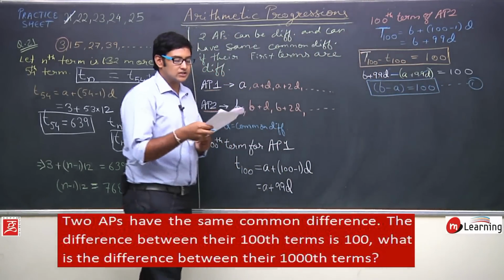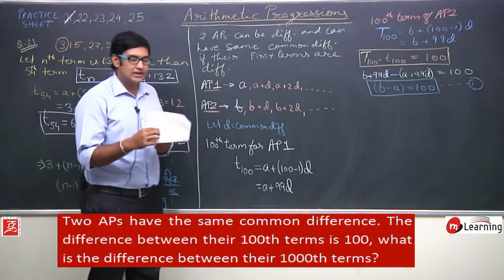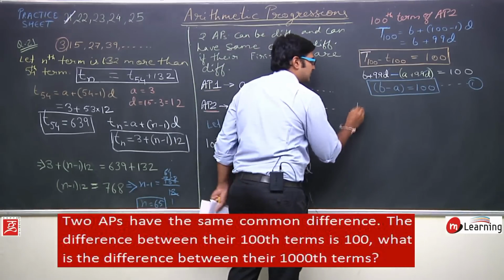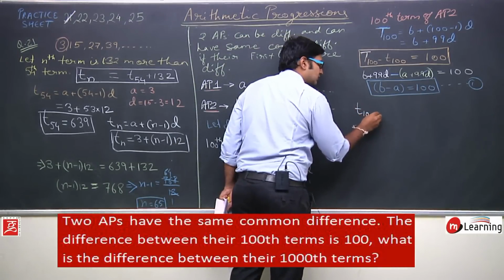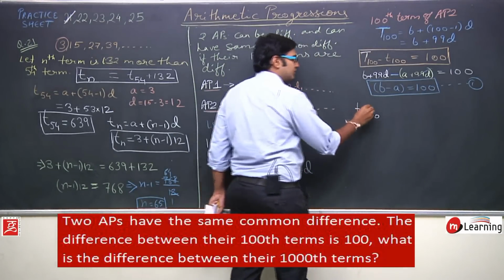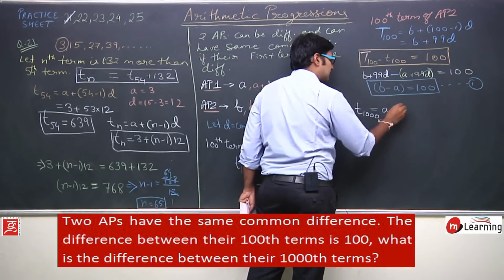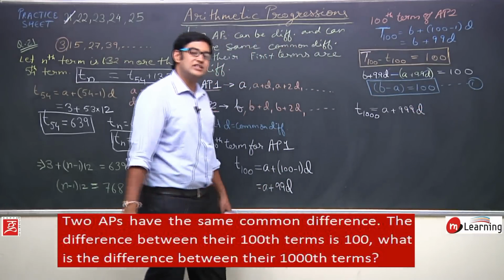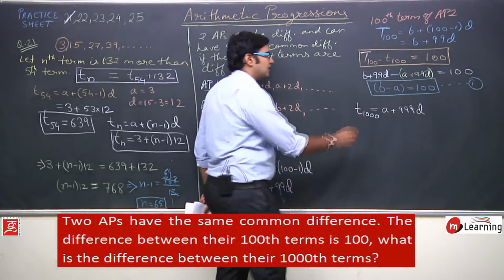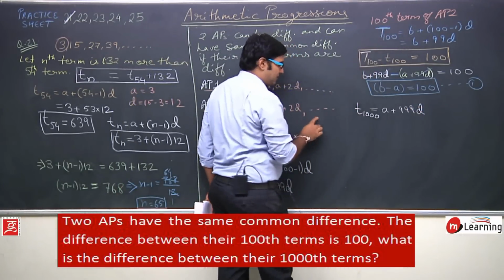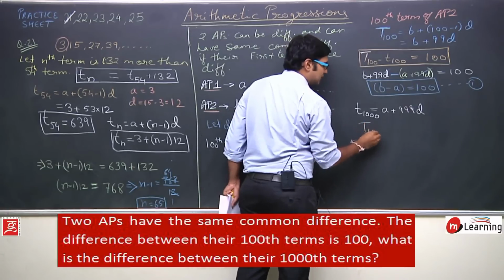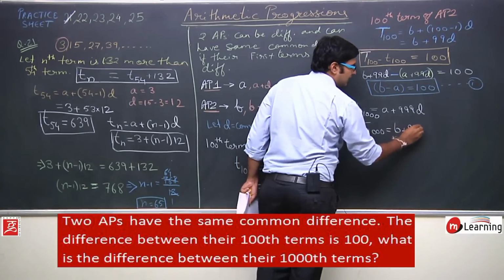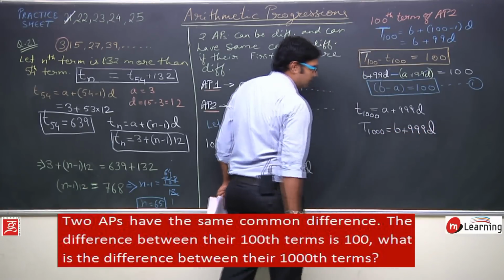Now what is our task? We need to determine the difference between the 1000th terms. The 1000th term of the first AP, let us say it is t1000, will be equal to A plus 999D. The 1000th term of the second AP, let us say capital T1000, will be B plus 999D.